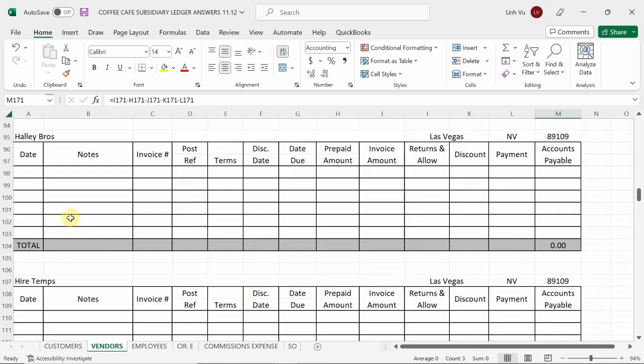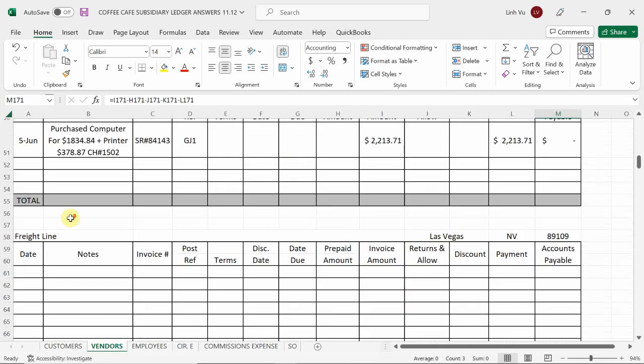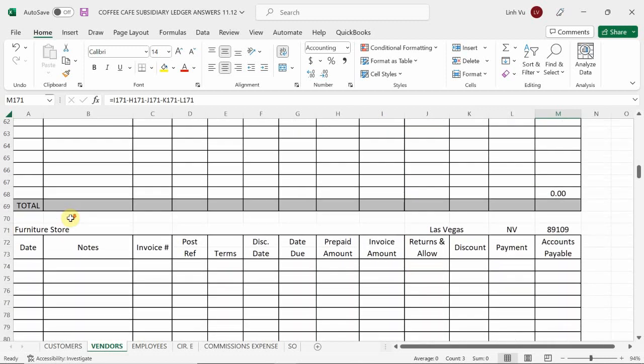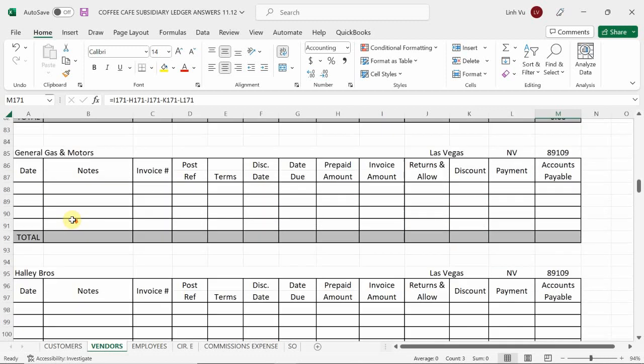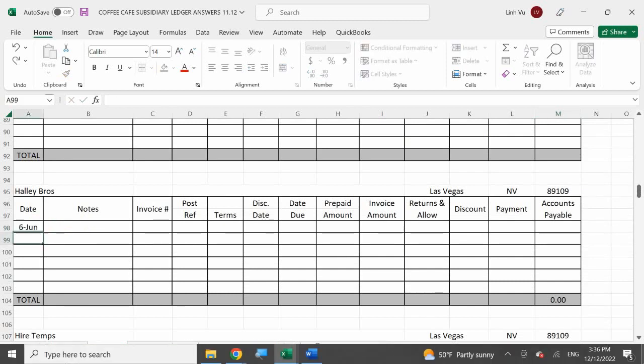So I'm going to go ahead and locate Hallie Bros. Okay? Hallie Bros. So here's Freightline. Okay, furniture store. General Gas, Hallie Bros. Here we go. Today is the 6th. Now, what was the notes that I had to do here?